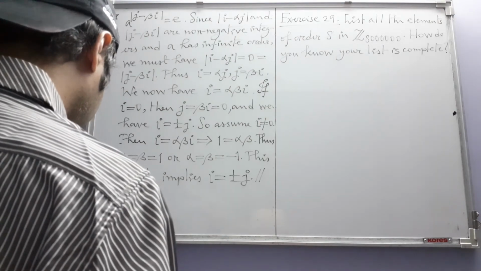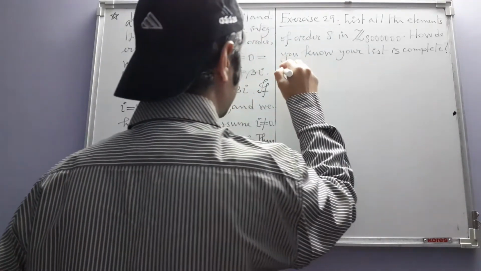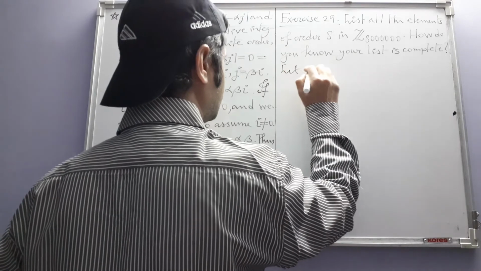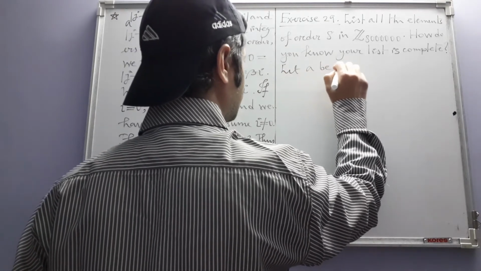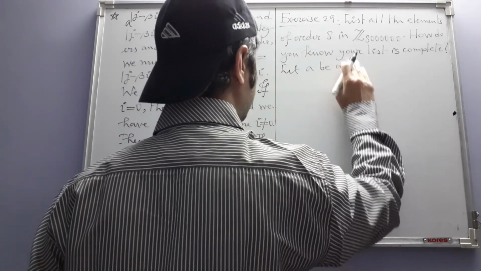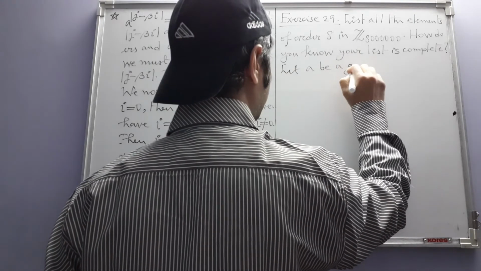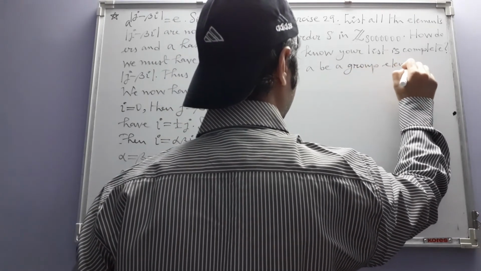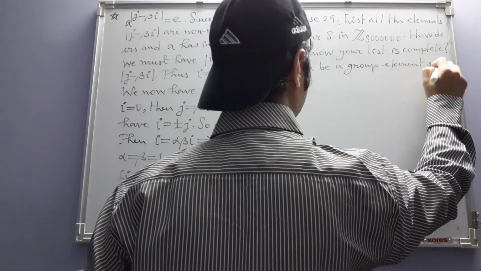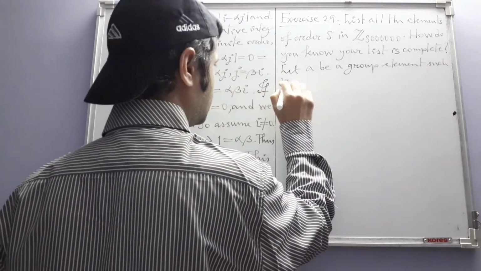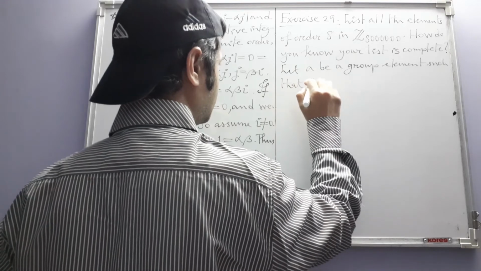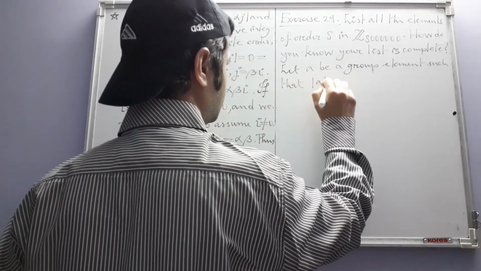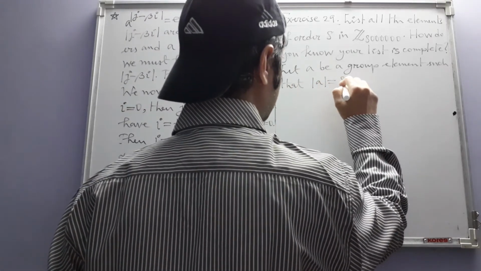Let a be a group element, then the general version. Let a be a group element coming from some group, such that its order is this big number.